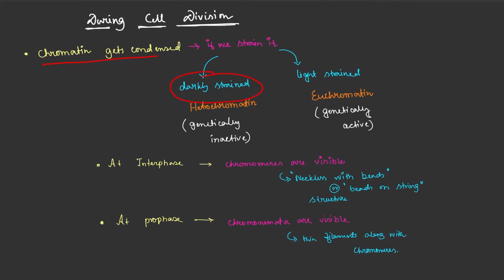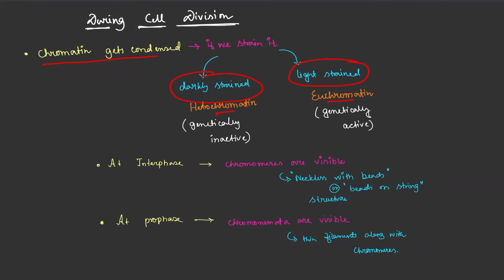The darkly stained area is called heterochromatin, which is genetically inactive, and the lightly stained area is called euchromatin, which is genetically active. The chromatin coils up and slowly forms the chromosome, and the chromosomes become visible at the metaphase stage.